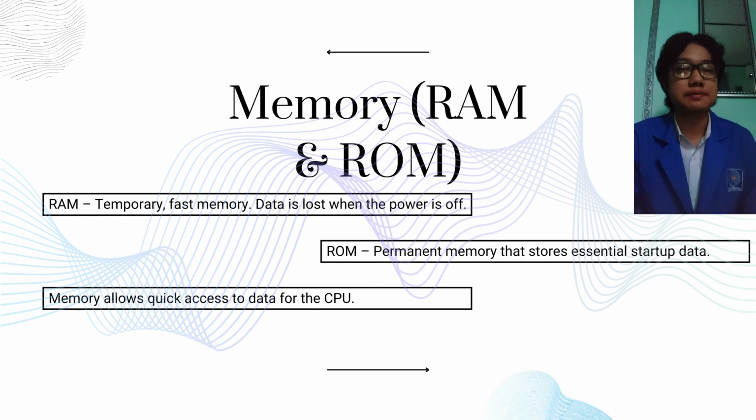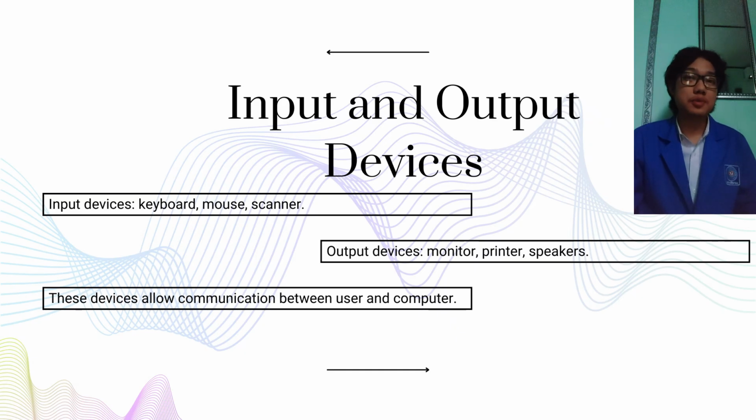Input and output devices are very important for communication between users and the computer. Input devices include the keyboard, mouse, scanner, or microphone. They help us send data into the computer.